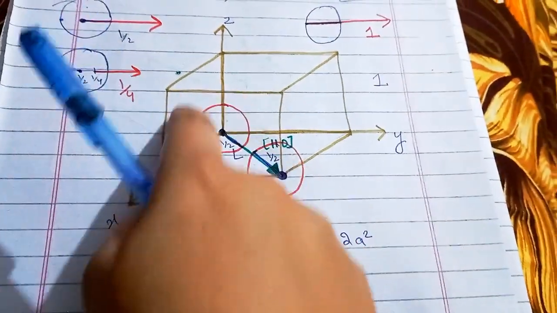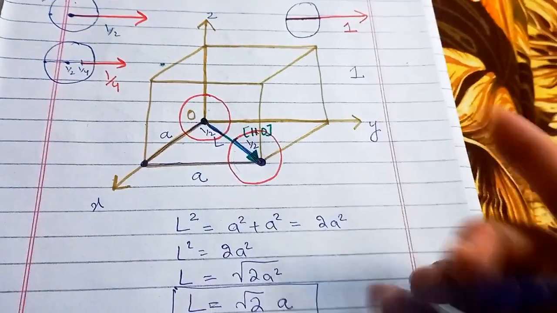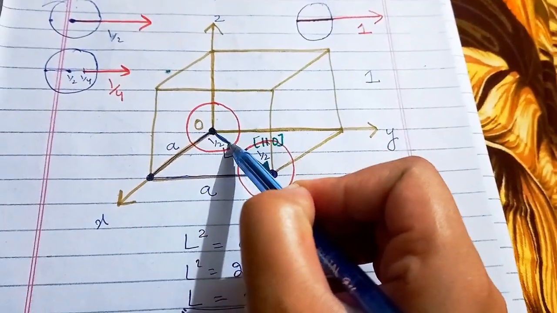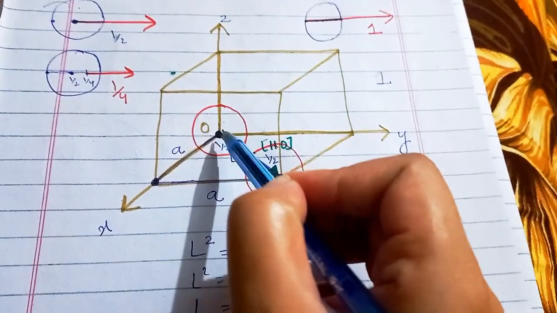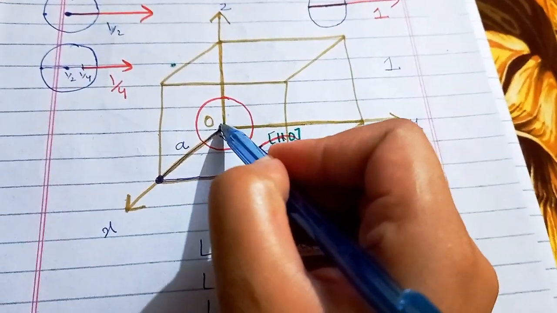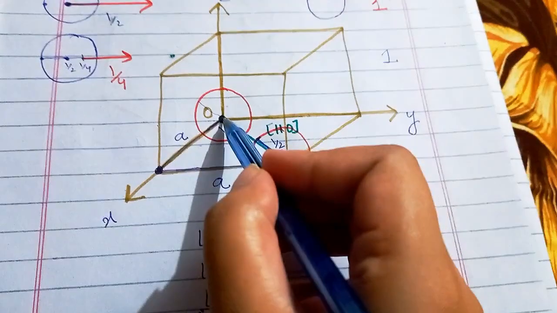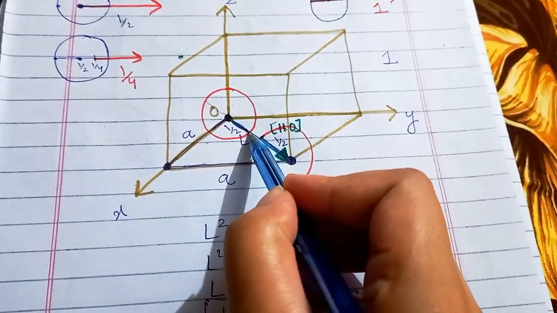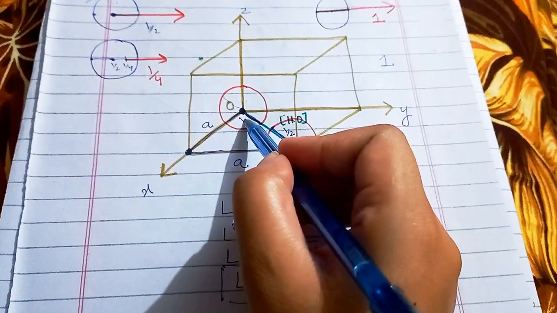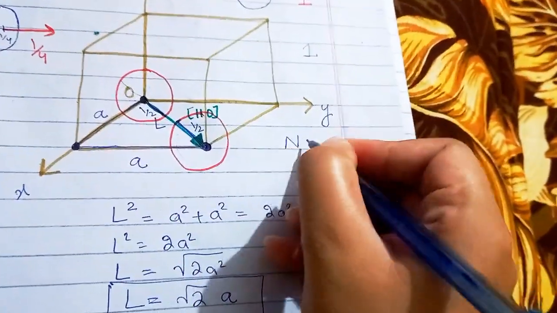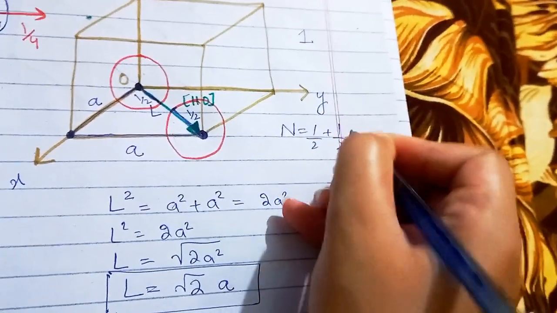You will not be considering the whole circle or anything like that. You'll just take the diameter terms, since this whole length would have been the diameter and only half of it is inside the line. All right, so half by this atom, half by this atom, so the net number of atoms lying on the line is 1/2 plus 1/2 equals 1.